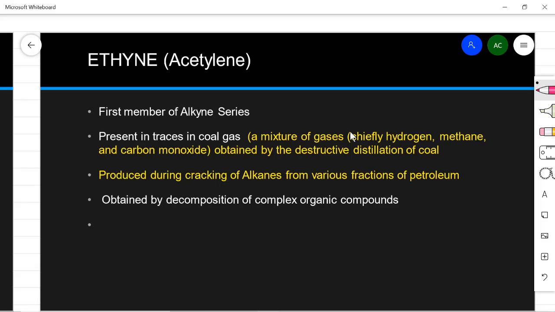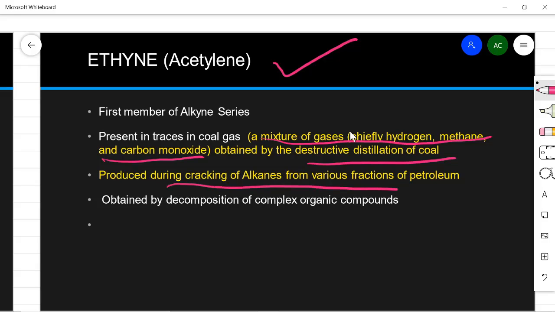The first member of this series is ethyne, which is also known as acetylene, and this is present in traces in coal gas. And what is coal gas? A mixture of hydrogen, methane and carbon monoxide, which is obtained by the destructive distillation of coal. Destructive distillation means heating in the absence of air. It is also produced during cracking of alkanes from various fractions of petroleum.